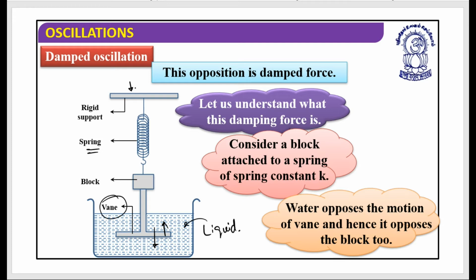But it is oscillating in a liquid, and as you understand very clearly, this liquid, suppose this is water, will oppose the motion of the vane, and sooner or later this will oppose the motion of the block, and the block will stop. I hope this is clear. So these are the cases of damped oscillations.